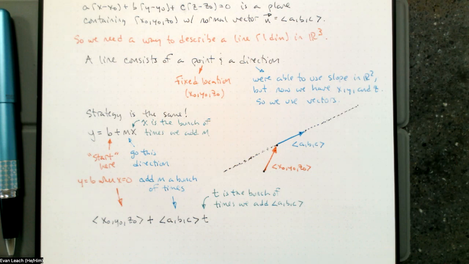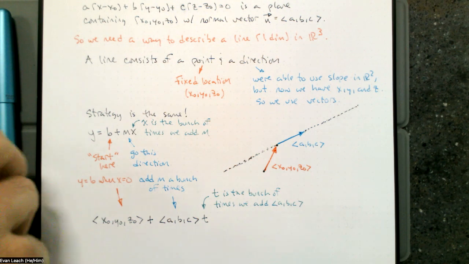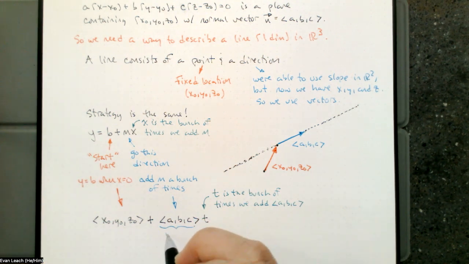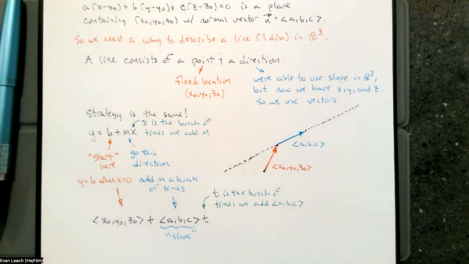We're just rephrasing what direction means. So instead of slope, we're describing the direction with the vector.